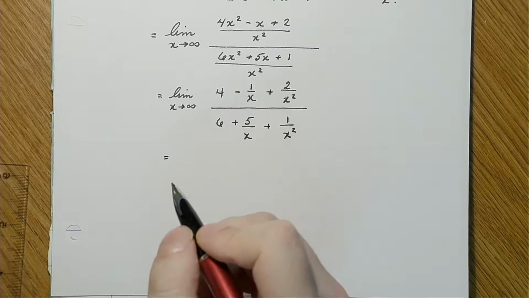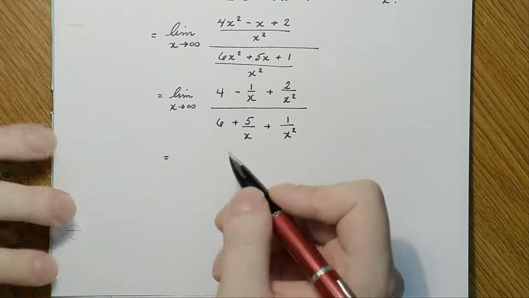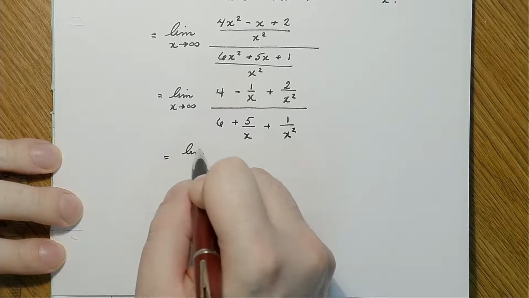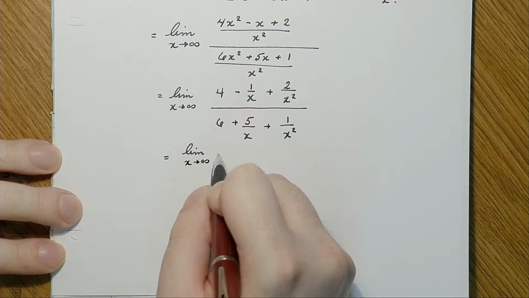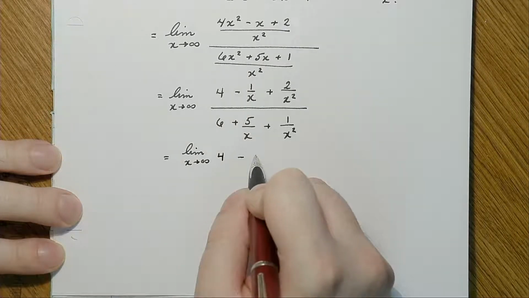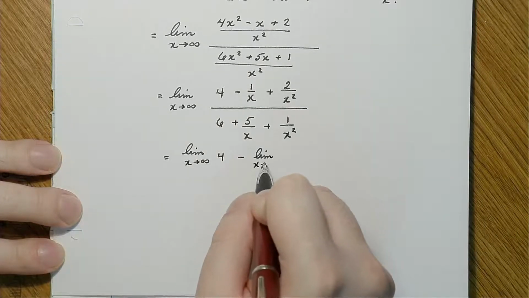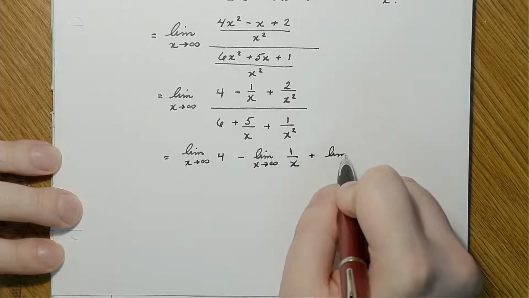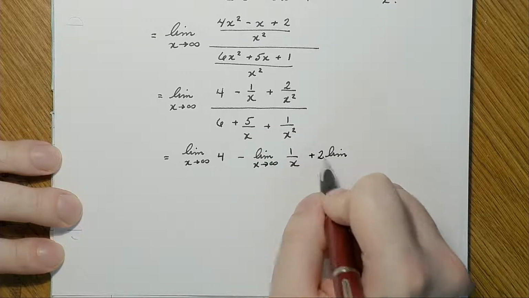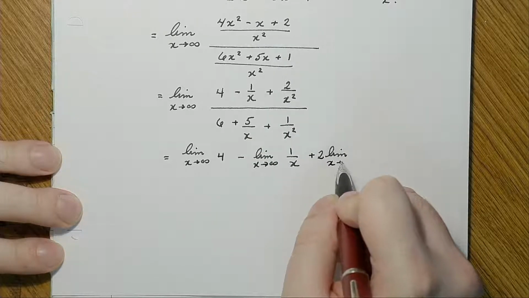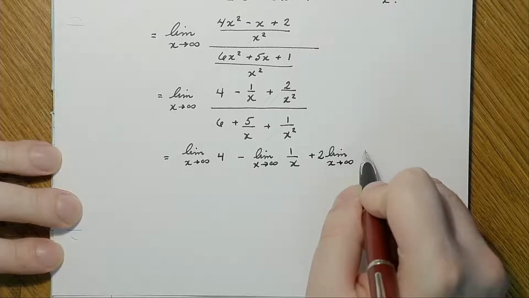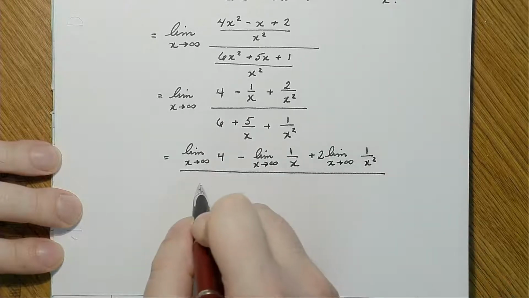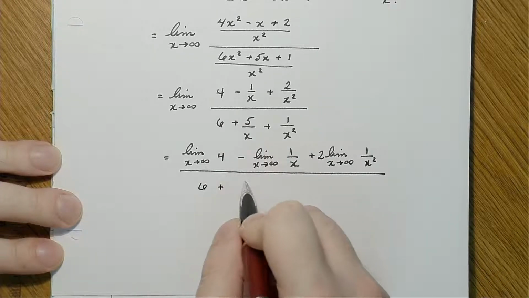And now I can actually just apply my limit rules. I could write these all out: the limit of 1 over x plus the limit, I'm going to move this 2 out in front here, so the limit as x goes to infinity of 1 over x squared, all over 6 plus.